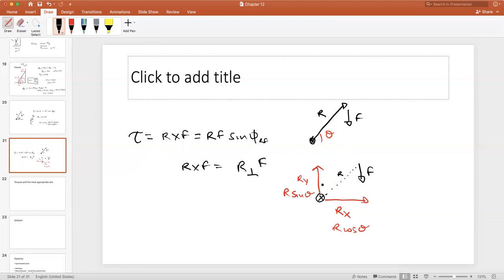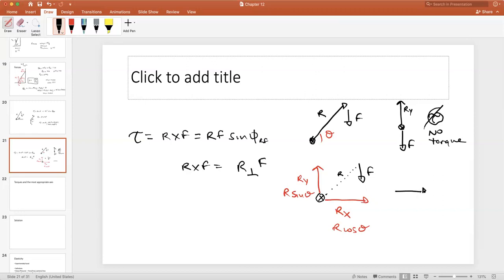Now, we can look at these two, and let's draw a torque for both of them. From the axis of rotation, we would have Ry and we would have F, and there is no torque because they're parallel.